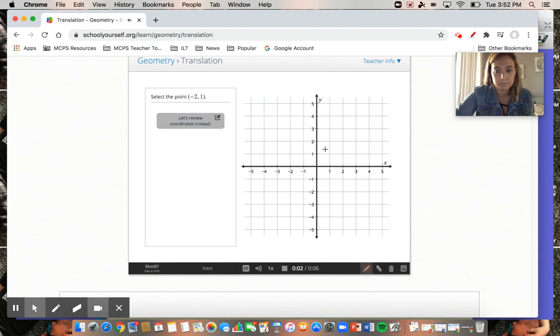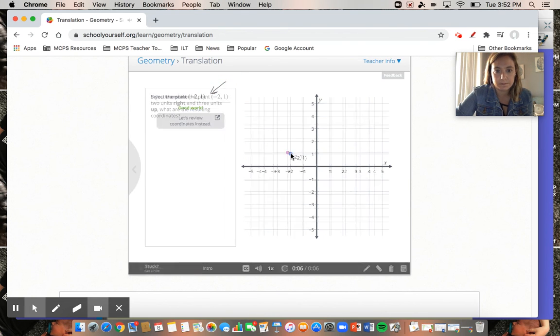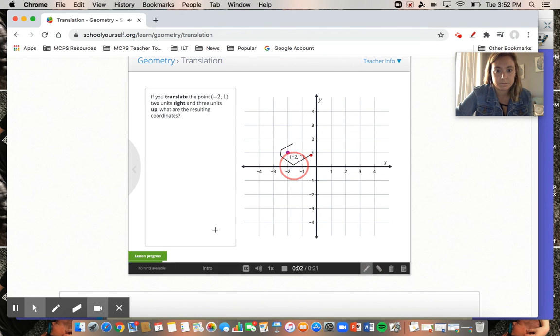To get started, go ahead and select the point -2, 1. Yeah, -2, 1. Great. So here's -2, 1. Now, when you translate something, that's a fancy way of saying that you're moving it. So if we were to translate this point, -2, 1, 2 units to the right and 3 units up, then we would wind up at this point over here, which is 0, 4. So now let's start with the point 4, 2 over here.